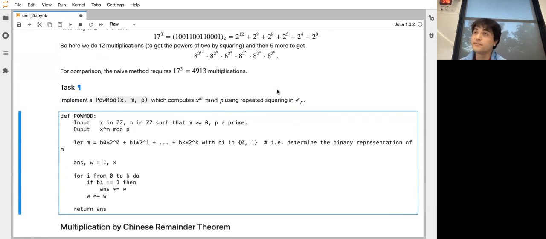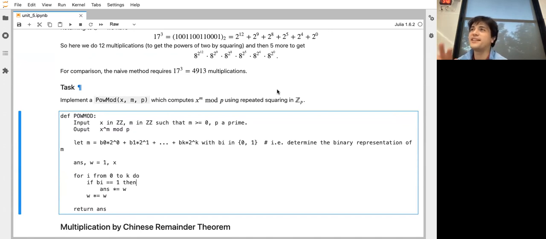Yes, sir. Can you speak up a bit? Yeah, I'm not sure about the rank ordering of the tasks, but certainly one of the tasks is explicitly to do with PowMod. Yeah.